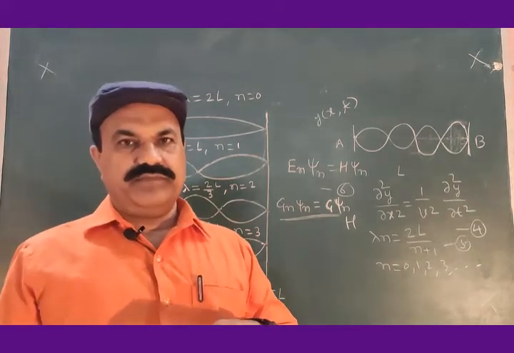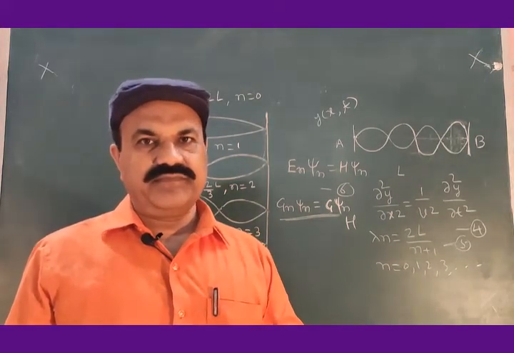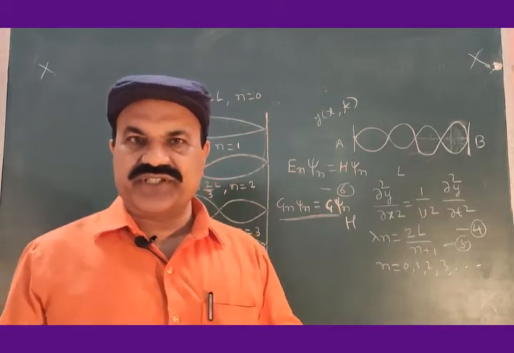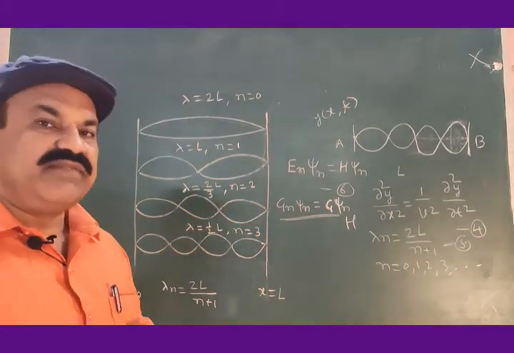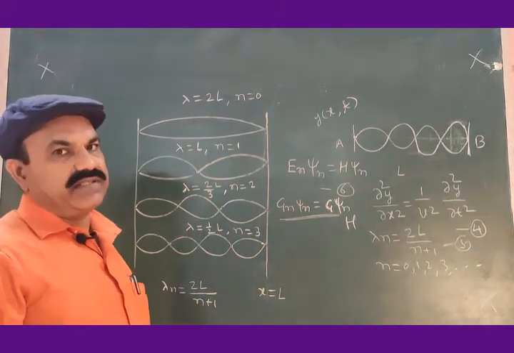For example, the hydrogen atom. The hydrogen atom is a bound system. It is also a stable system.